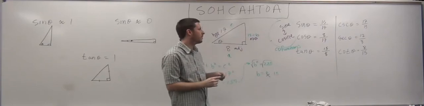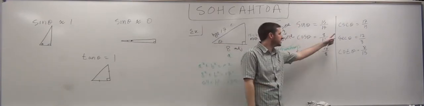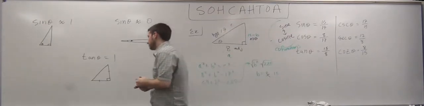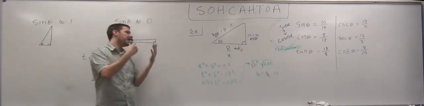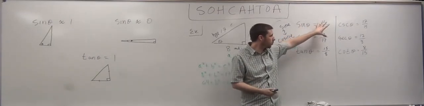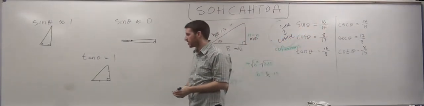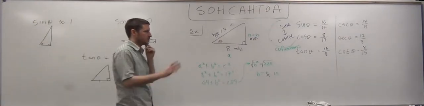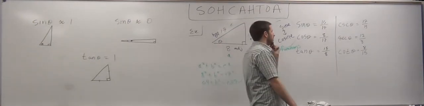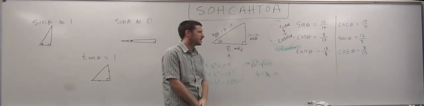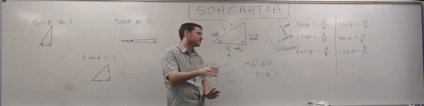There's 3 pairs of cofunctions: sine and cosine, secant and cosecant, tangent and cotangent. I'll tell you what the relationship is between the cofunctions in a moment. I got a little blurb about that down below. But these cofunctions are all related in a sort of tricky way.